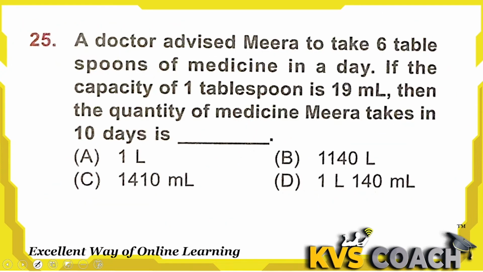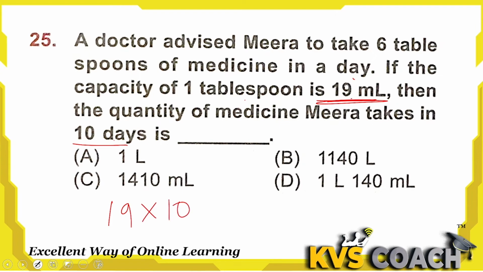Next is: a doctor advised Meera to take 6 tablespoons of medicine in a day. If the capacity of 1 tablespoon is 19 ml, then the quantity of medicine Meera takes in 10 days is? 1 tablespoon is 19 ml. So it will be 19 into 10 days.